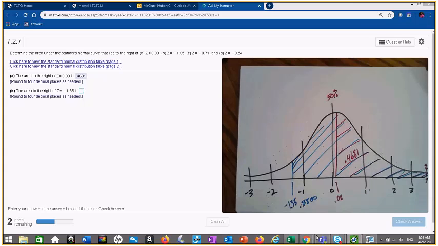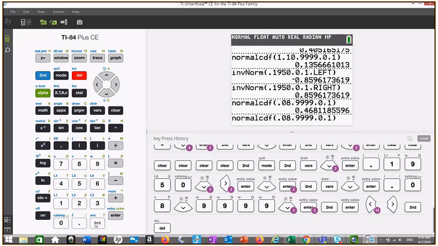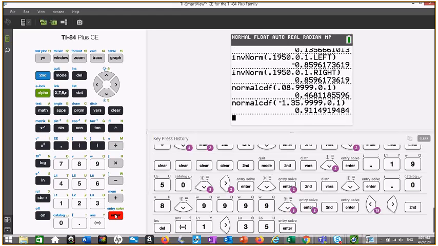So you can use your last one. Hit second, enter. And all you have to change is the negative on the end, on the right side. Just hit second insert, which is delete, and just type in negative 1 point, and then just move over to 3.5 and hit enter. 0.9115.